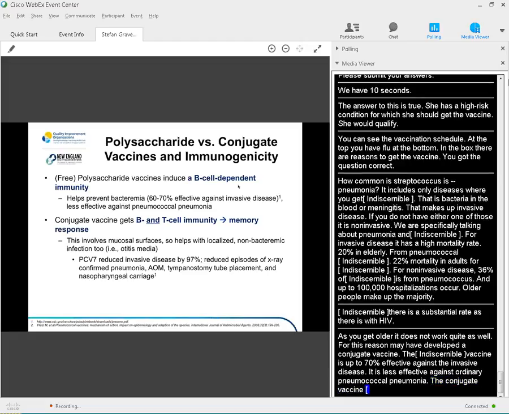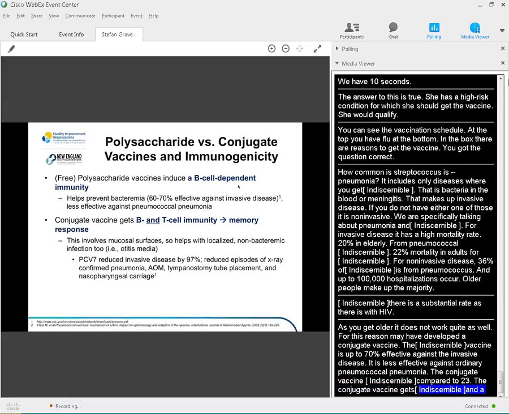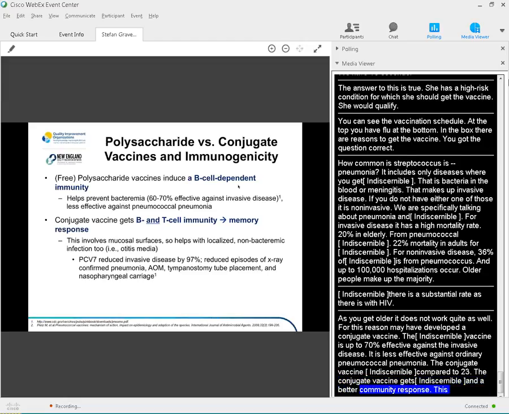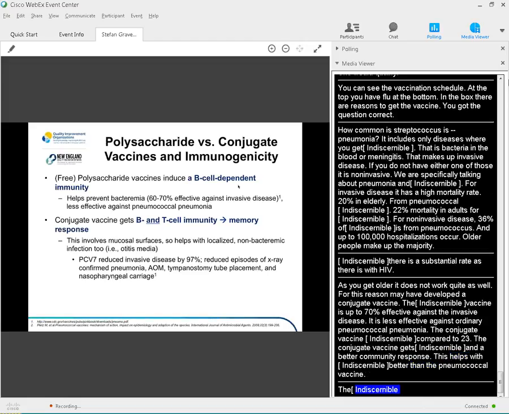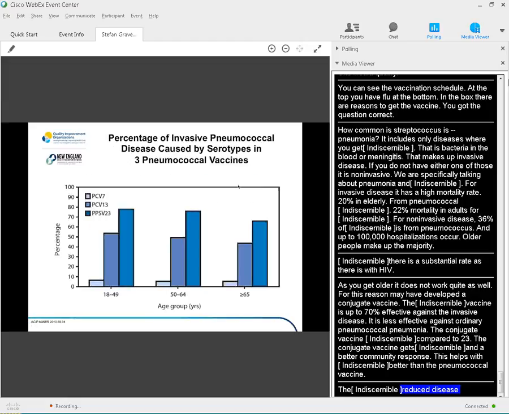The conjugate vaccine gets both B and T cell immunity and a better memory response. So this involves mucosal surface, so it helps with localized non-bacteremic infection better than the pneumococcal vaccine. And the PCV7 reduced invasive disease by 97%, confirmed pneumonia, otitis media, and so forth, and in nasopharyngeal carriage, which is where it's carried to be transmitted from one person to the next.